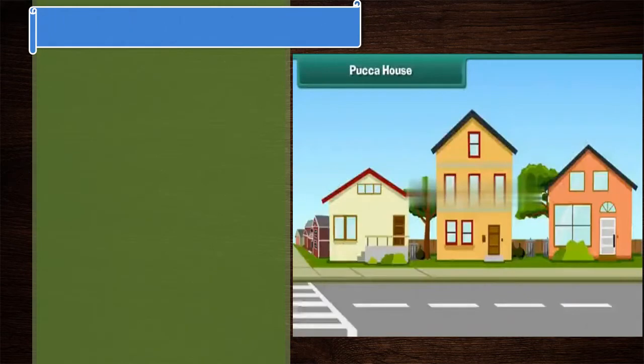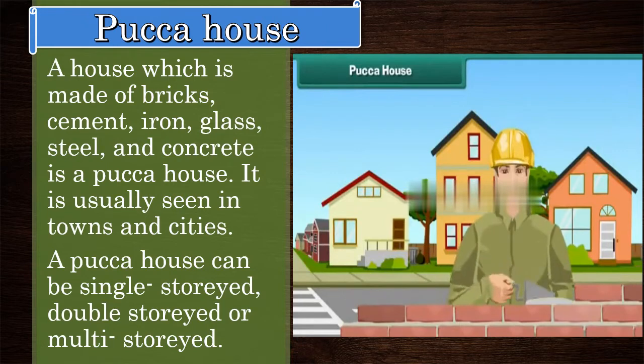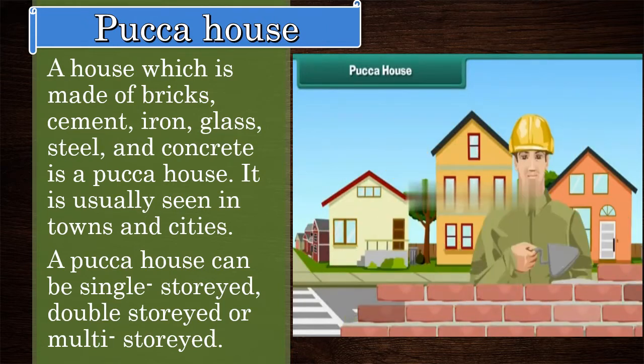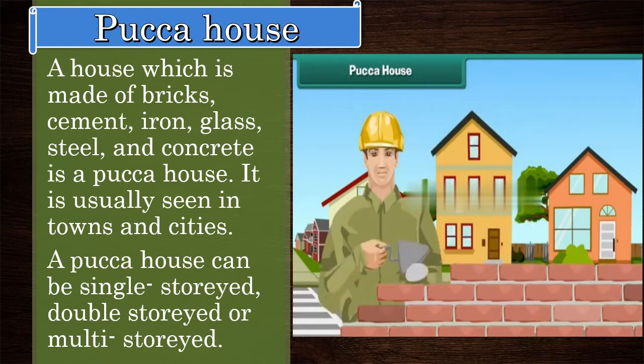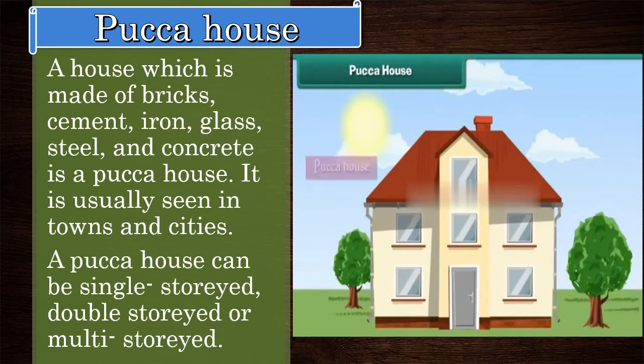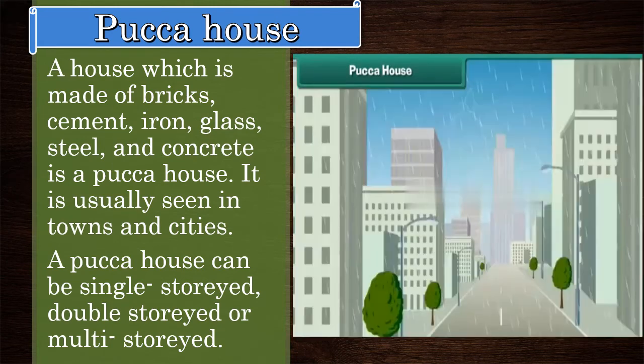Now we are going to learn about pakka house. So what is a pakka house? A house which is made of brick, cement, iron, glass, steel and concrete is a pakka house. It is usually seen in towns and cities.